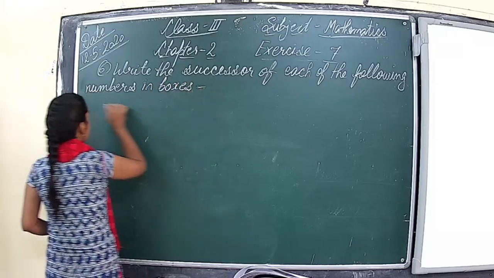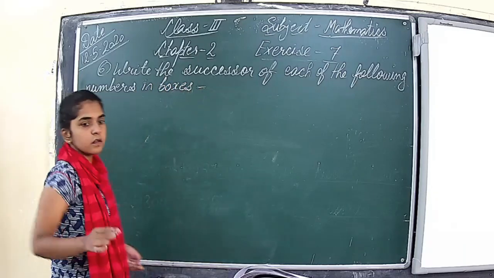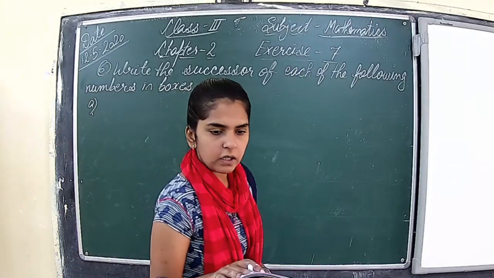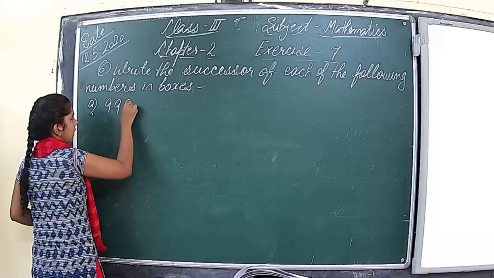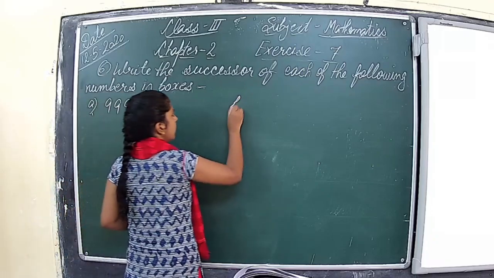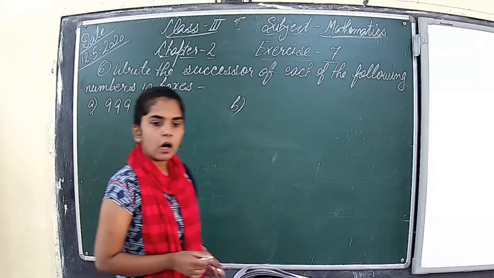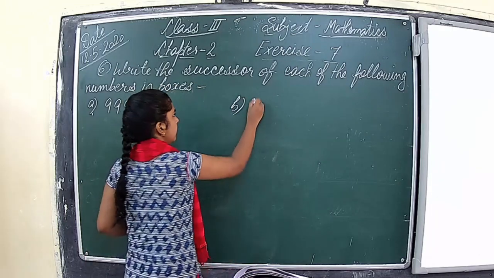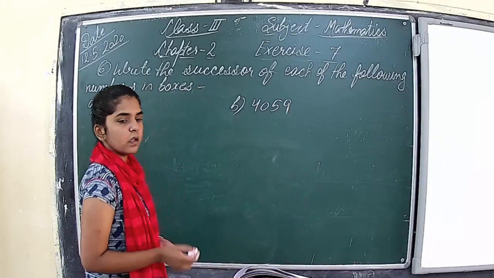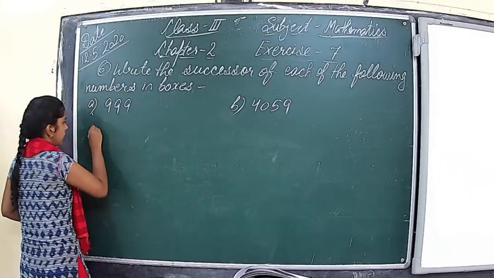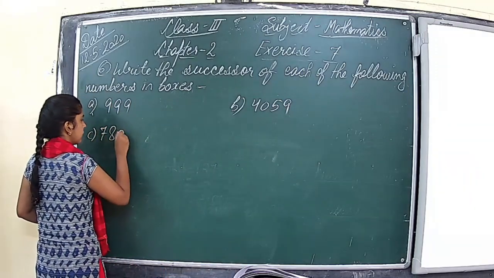So, first number is 999. Second number is 4059. And third number is 7806.